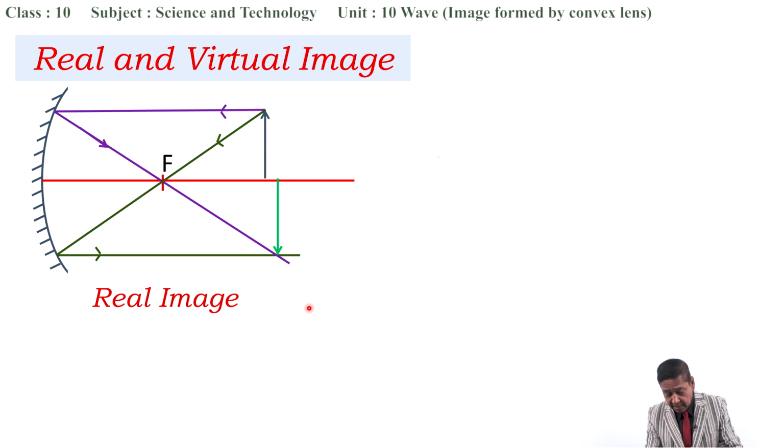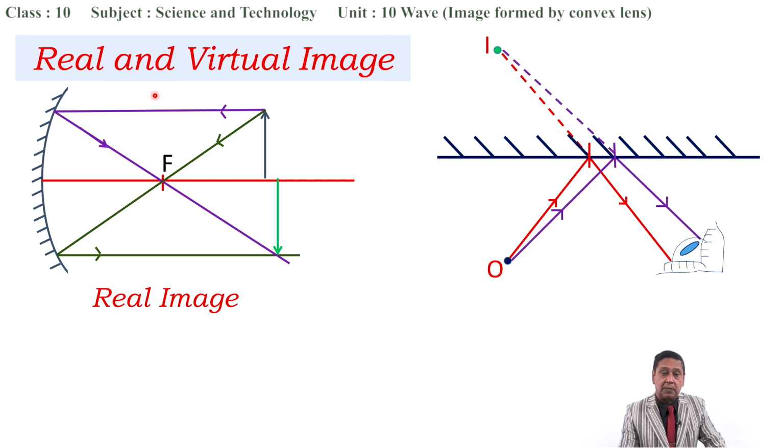In the same way, another one, look at this. This is the image formed by a plane mirror. This is the object, its image appears at this place. And in this case, what is happening? Two rays of light, when they strike the surface of the plane mirror, reflect back in this direction. And they are moving away from each other, they are diverging. I mean to say these two rays are diverging.